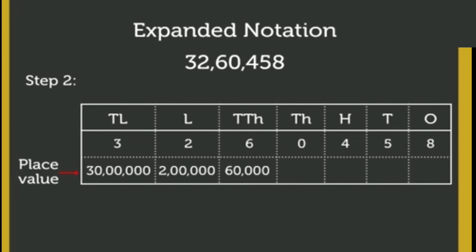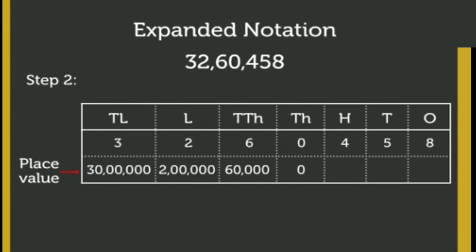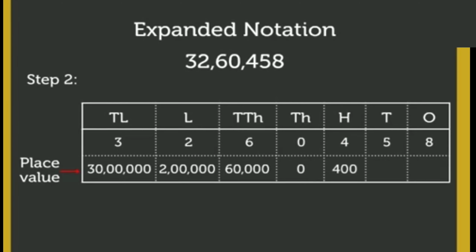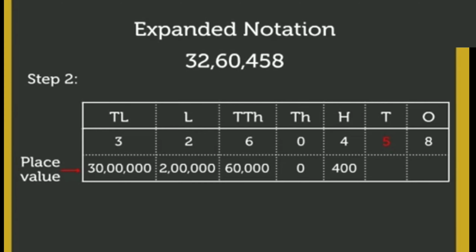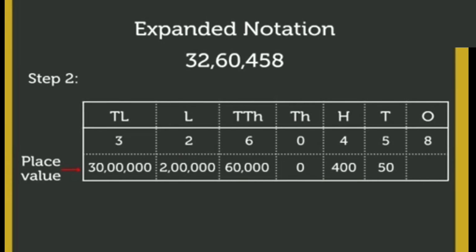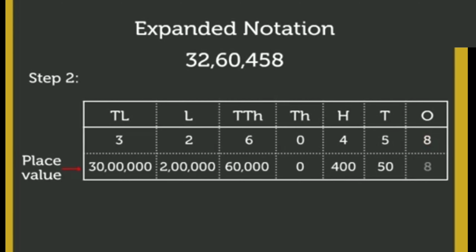The place value of digit 0 is 0. The place value of digit 4 is 400. The place value of digit 5 is 50. The place value of digit 8 is 8. Step 3.